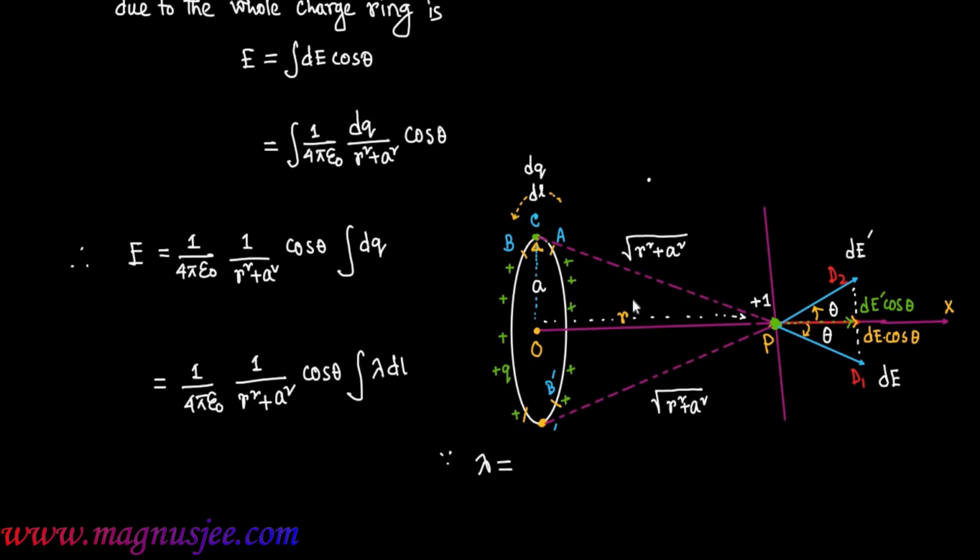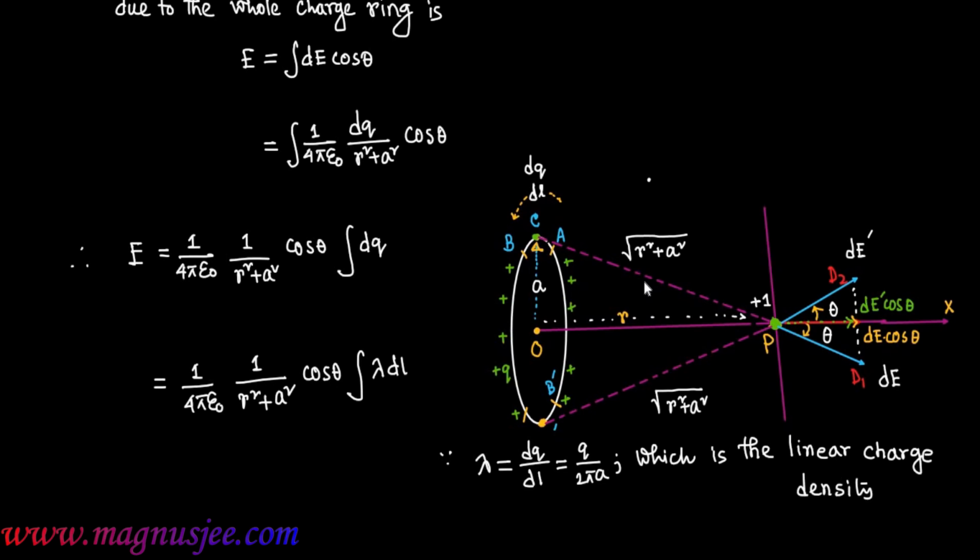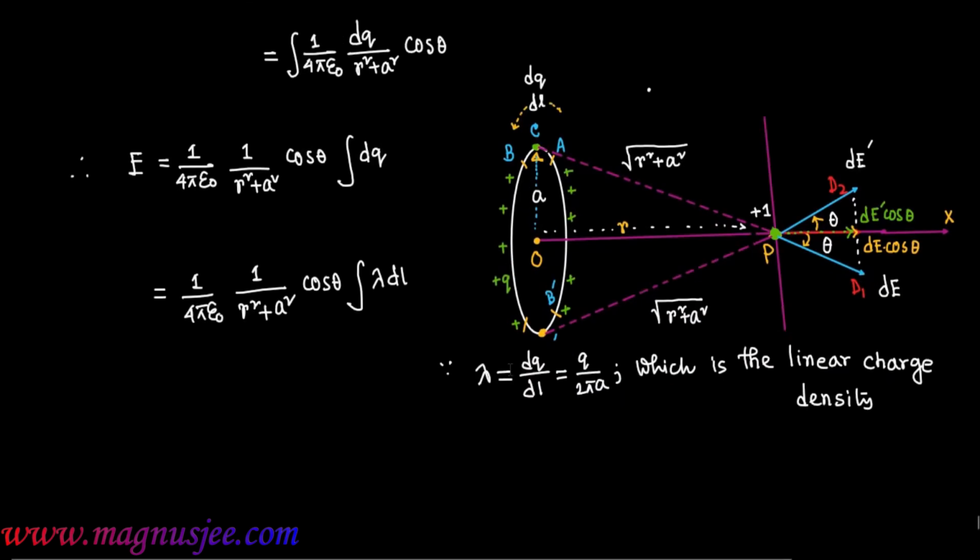integration lambda dl, where lambda equals dq by dl, which equals the total charge q divided by the circumference 2 pi a of the ring. Lambda is the linear charge density of the charged ring.